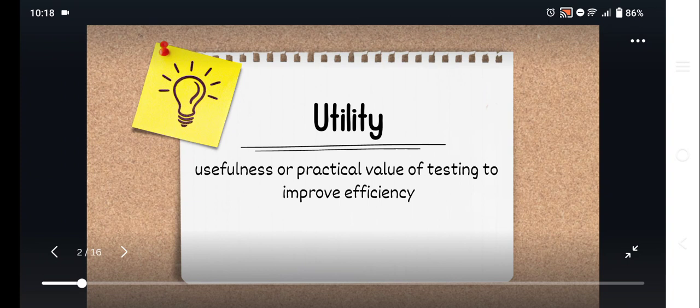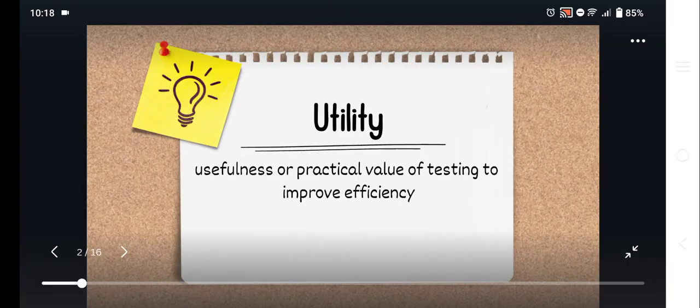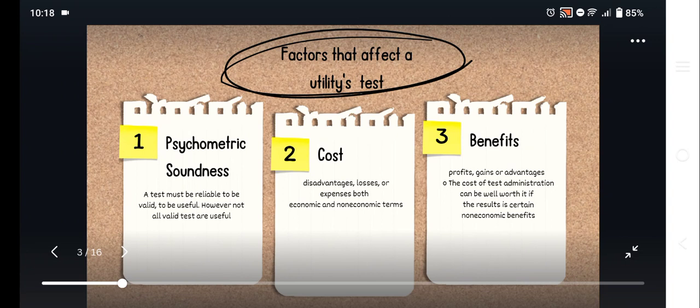So, ano nga po ba yung mga factors that affect a test utility? First we have psychometric soundness. A test must be reliable to be valid, and it must be valid to be useful.